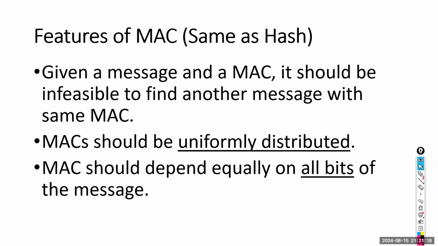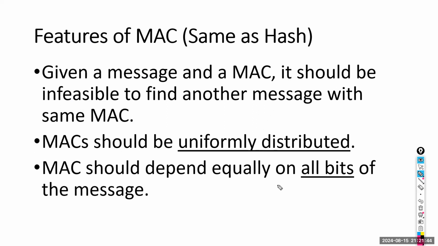So what are the features of a good MAC function? Pretty much the good features of hash function must be available in MAC function. So therefore, the same concepts are there, like given a message and MAC, it should be infeasible to find another message with the same MAC. MAC should be uniformly distributed, randomized.